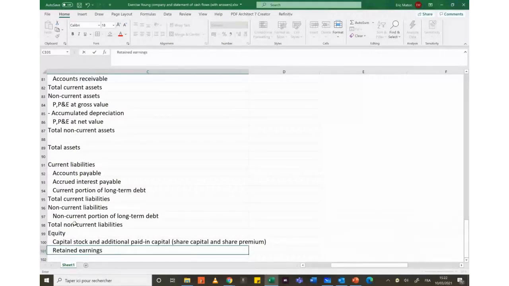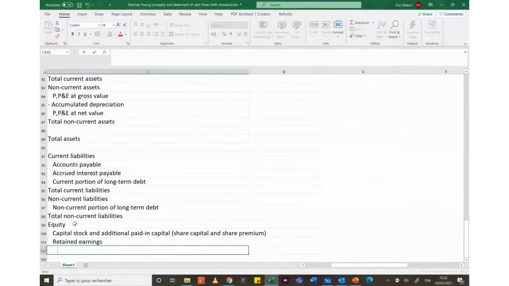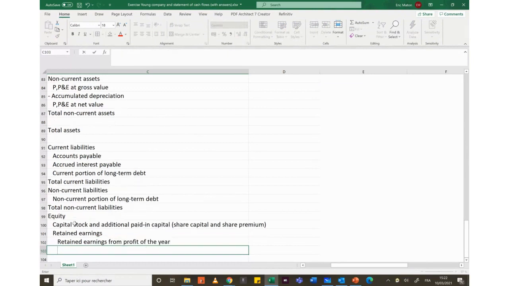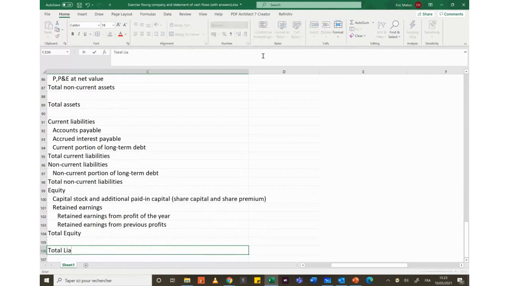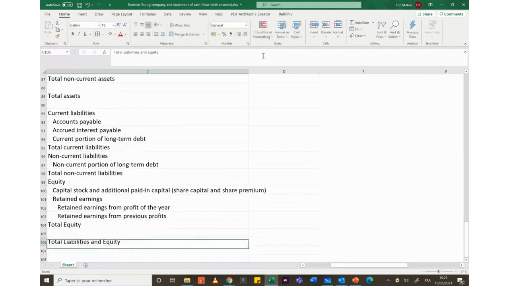And as you do in Vietnam, you separate retained earnings from profit of the year from the retained earnings from previous profits. Okay. Now we have the total equity. And now we have the total liabilities and equity.